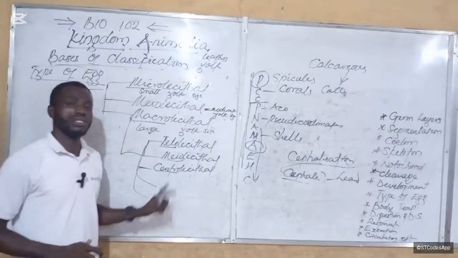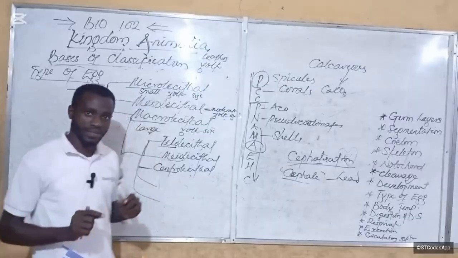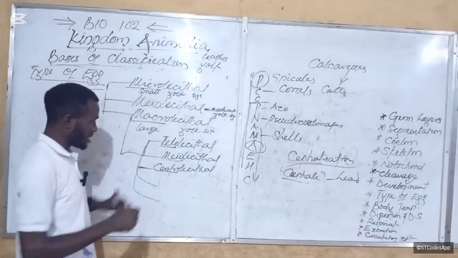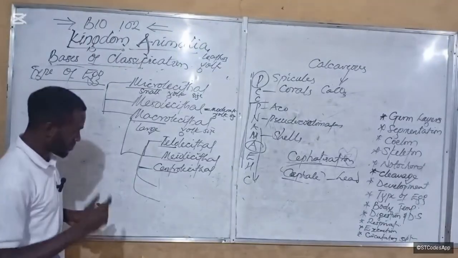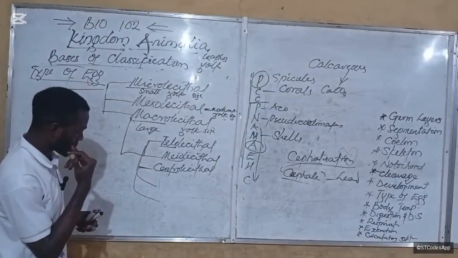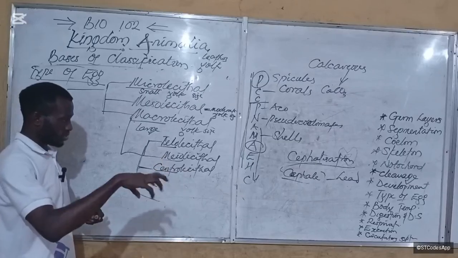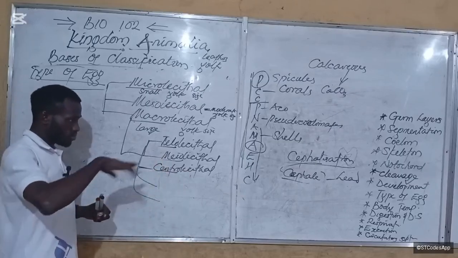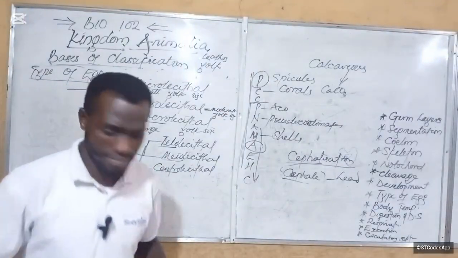So that is the egg in which the large yolk is exactly at the center. We also have about 4 or 5 of them. We have the telolecithal on one end, in the middle, then filling the entire thing. Okay, so that's basically it.